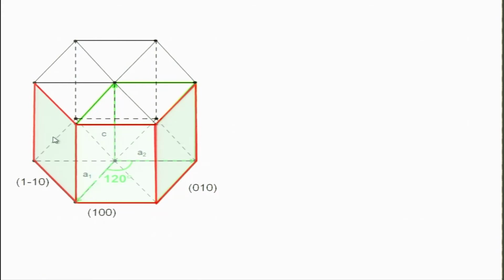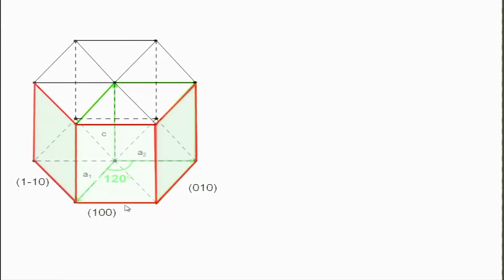So in some sense this is a face just like the 1 0 0 and 0 1 0 faces, but it is parallel to this plane in the middle, and if it is parallel to this plane, this becomes 1 bar 1 0. So there is a discrepancy. If you rotate the hexagon, the one on the left, this 1 bar 1 0 will become 1 0 0. So why is it that it is denoted differently, right.